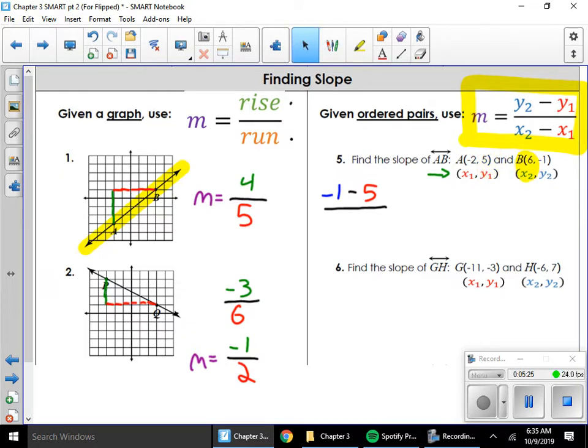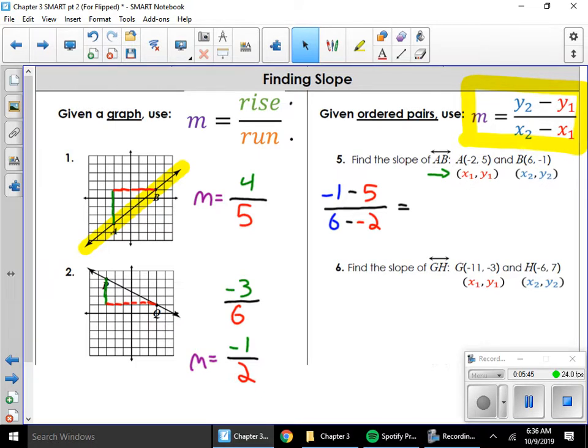And then I'm subtracting off x1, which is -2. So labeling your points makes it quick and easy to substitute values into the formula. I really strongly recommend taking the extra second to write those labels.